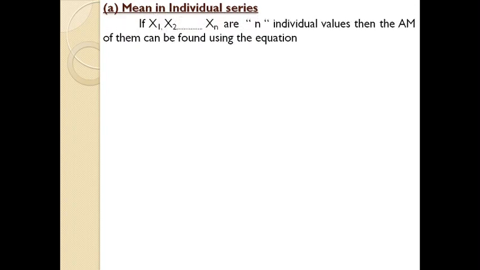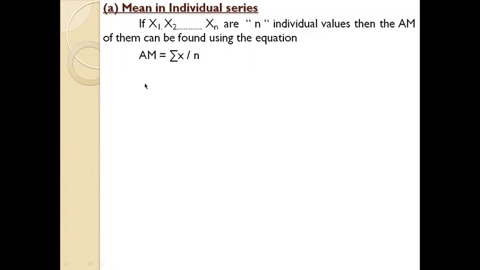First one, let us discuss in detail what is meant by individual series. As the name suggests, only one series related to a particular subject is given. For example, if x1, x2 and so on, n individual values are given, then the arithmetic mean can be found using the equation: arithmetic mean equals sigma x by n. X represents all the numbers given to you, and it may be 10, 20 or 50 numbers.